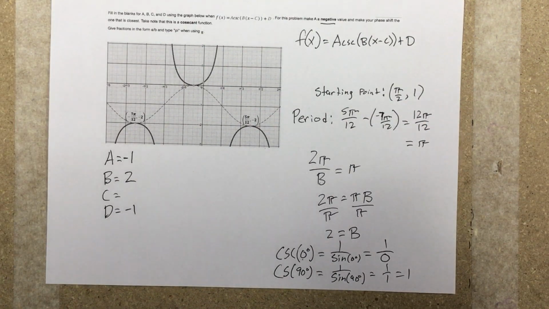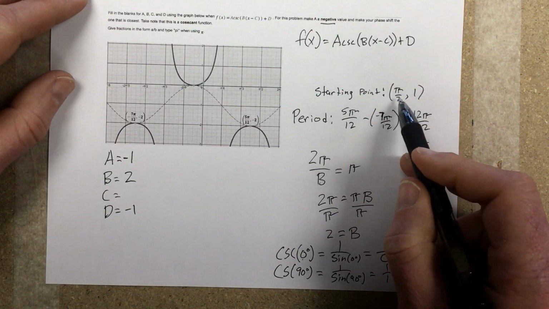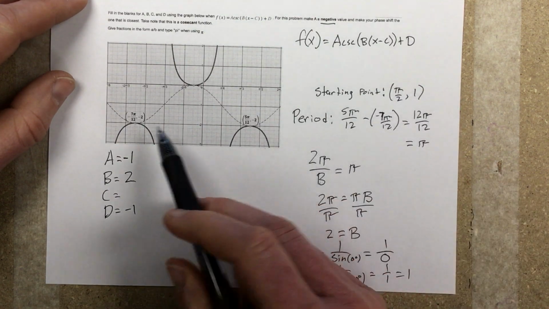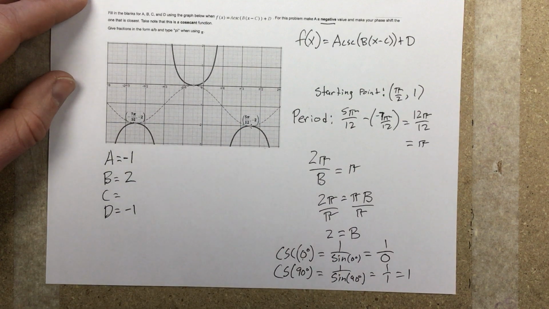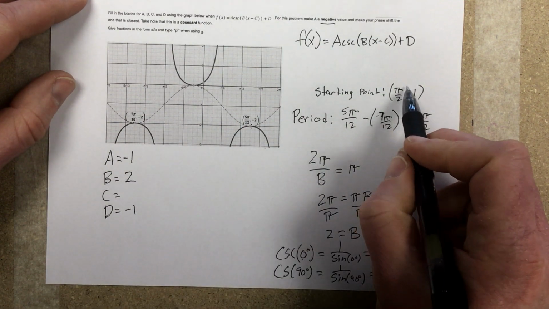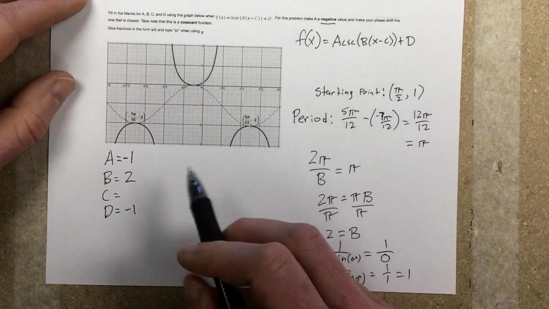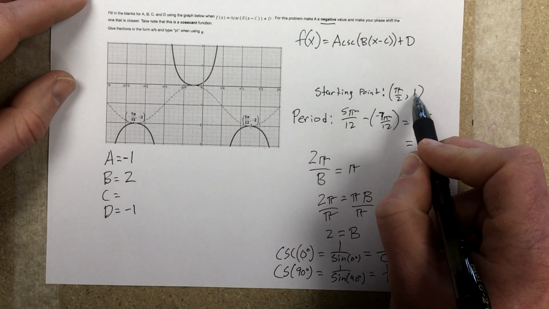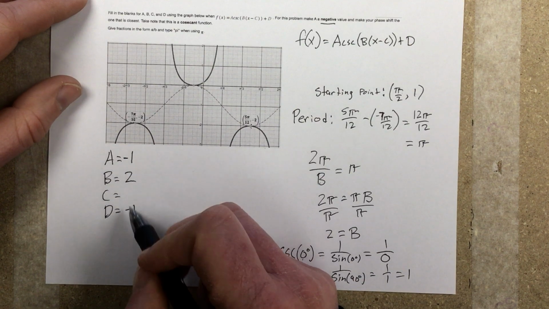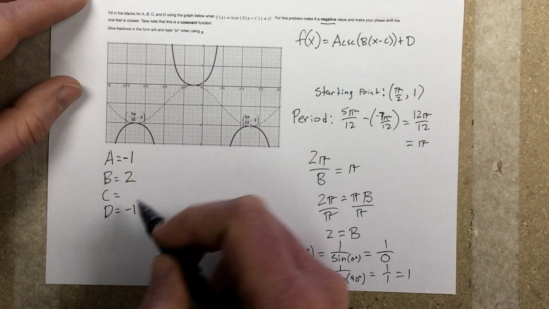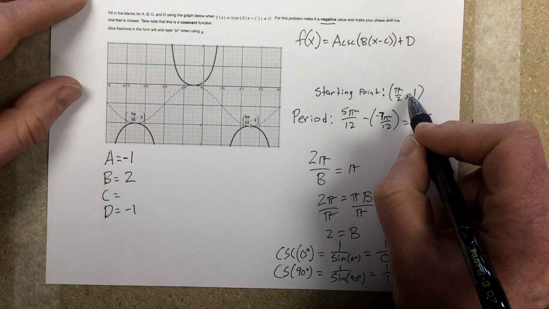Now we've done some things to this starting point that I need to adjust for to figure out which one of these points I want to find my c value with. So the first thing we've done to this piece is we've changed this value from starting at 1 to starting at -1 with that a value. And we've also subtracted 1 from it. So we started with pi over 2 comma 1.